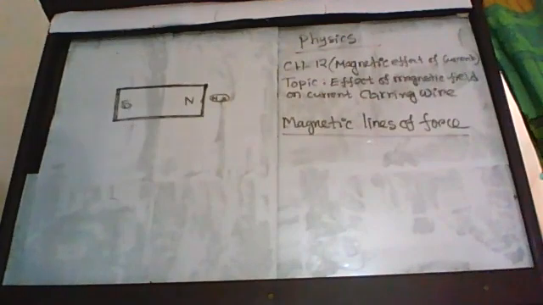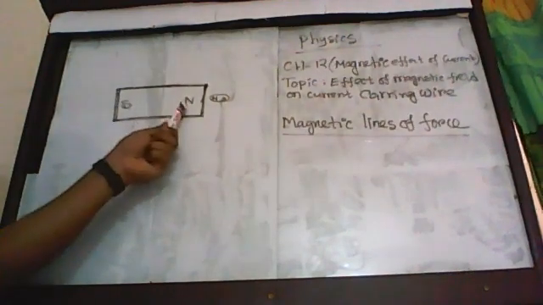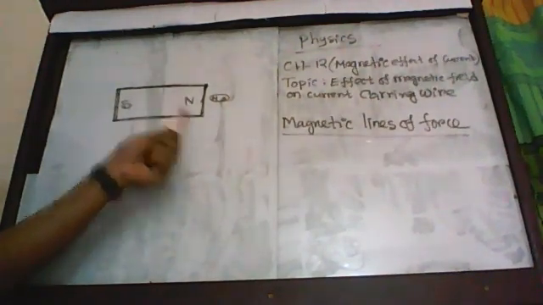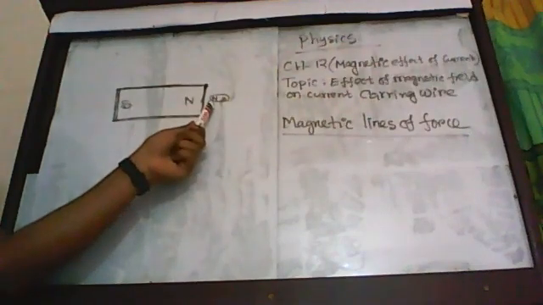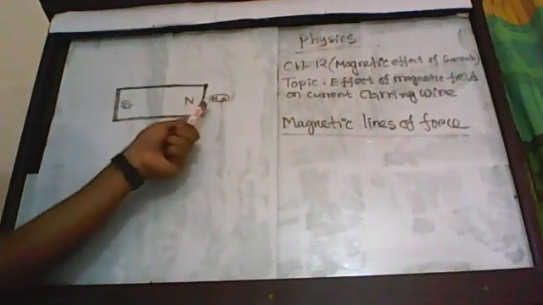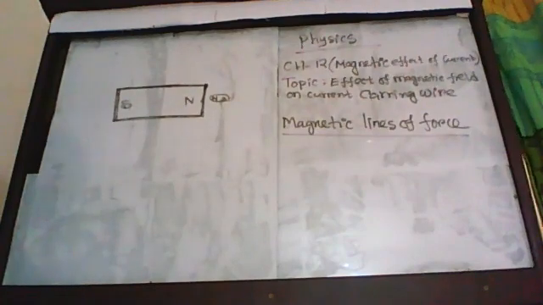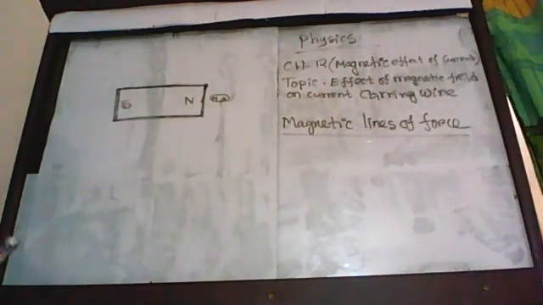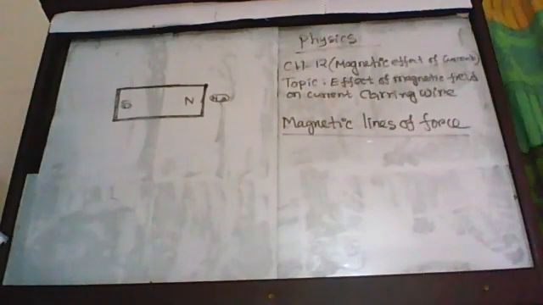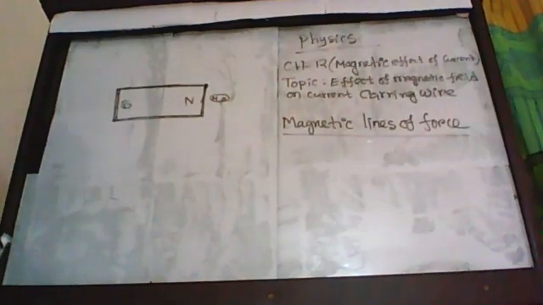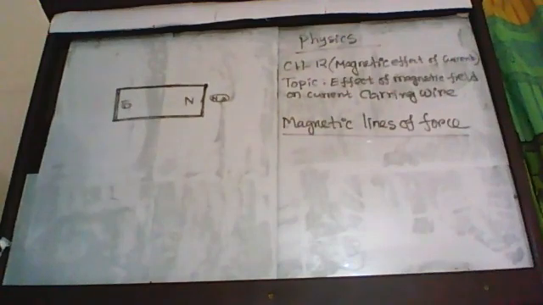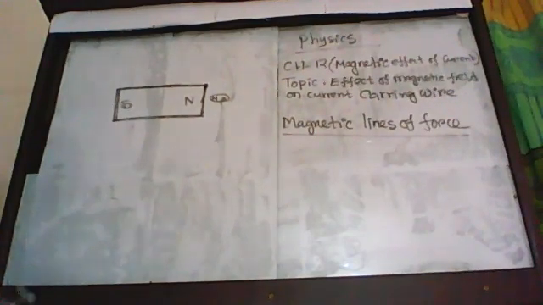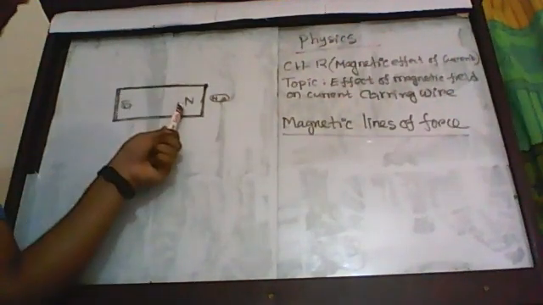Then you must say that this north pole always repulses this north pole, because you know that similar poles of magnets repulse each other. That's why this north pole repulses this north pole.